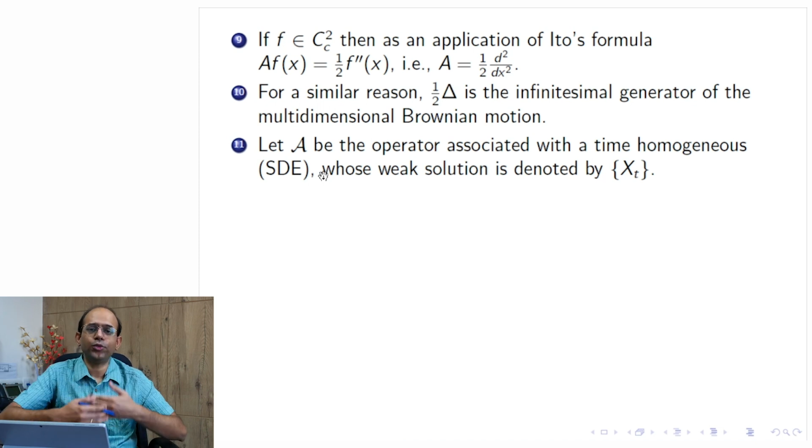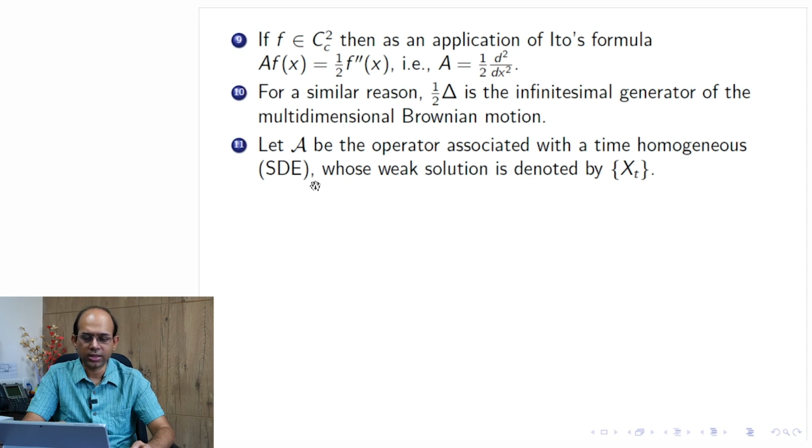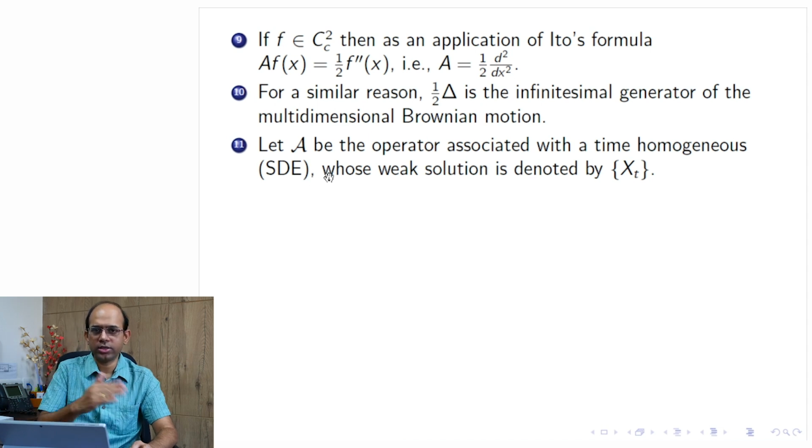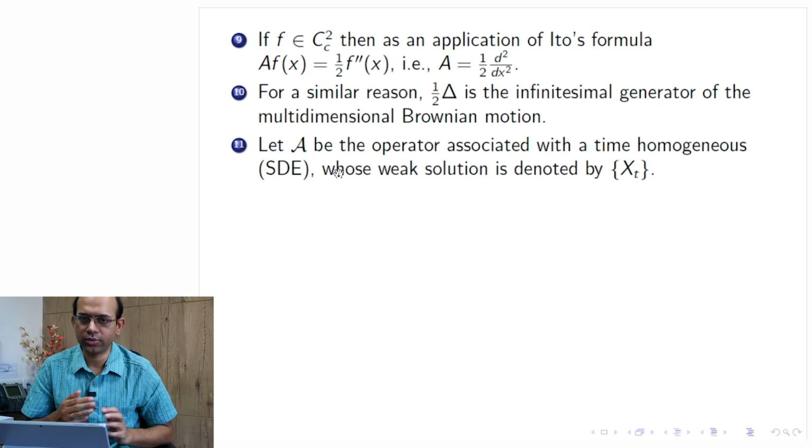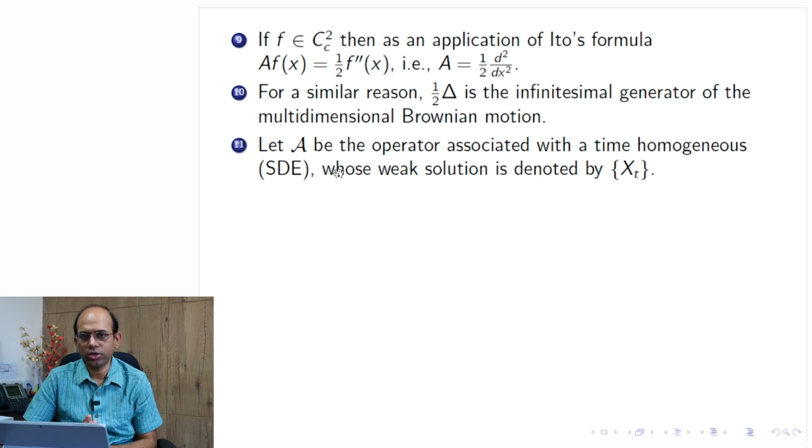Next, we go to a more general case. Let script A be the operator associated with a time homogeneous SDE, which we have already seen earlier. When we discussed strong and weak solutions of SDEs, we discussed the operator associated with the SDE. So script A is the operator associated with a time homogeneous SDE, whose weak solution we denote by X_t.